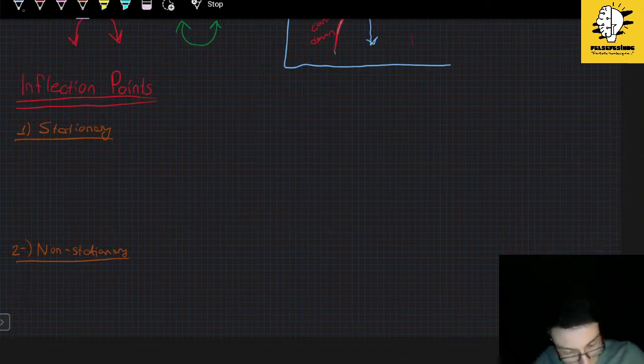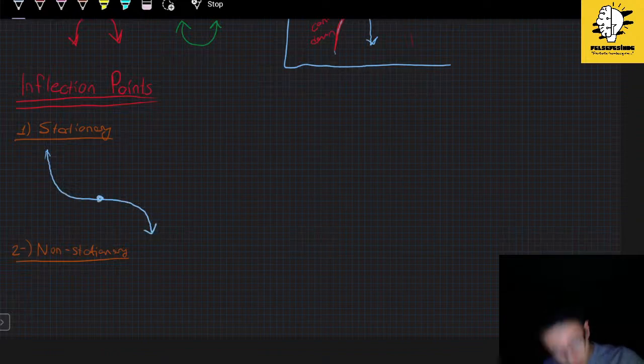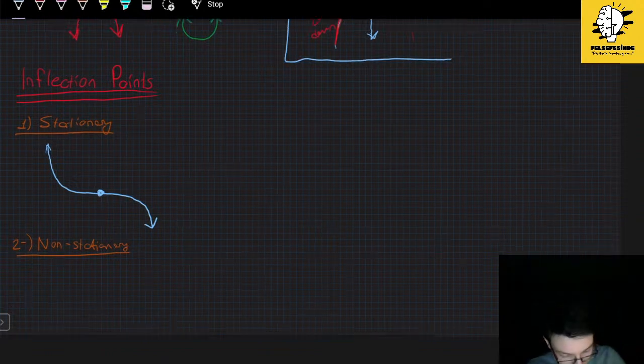So I will just draw you some diagrams to show you that. Let's imagine that we have a graph like this. And here I will draw another one for you to show you something else.